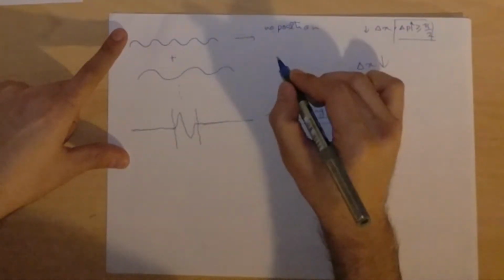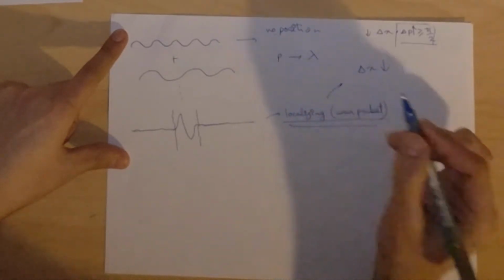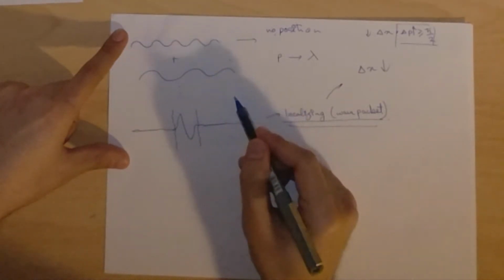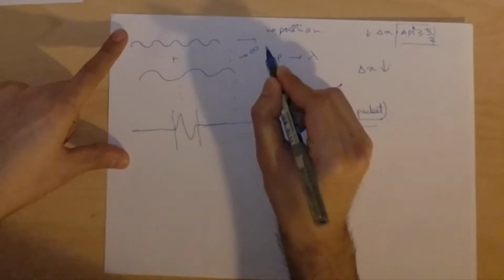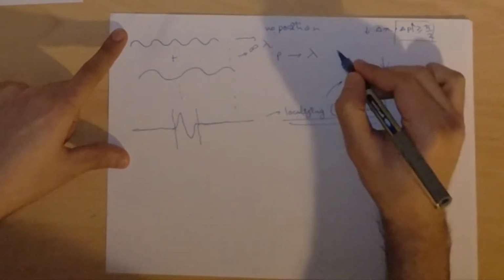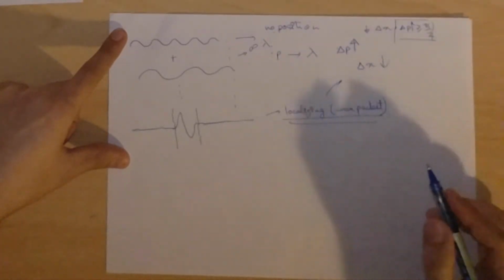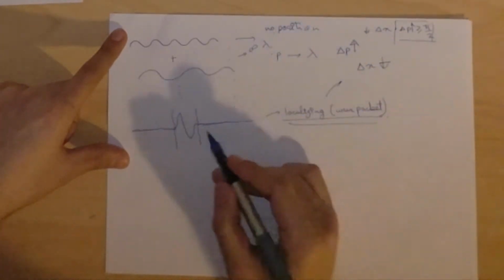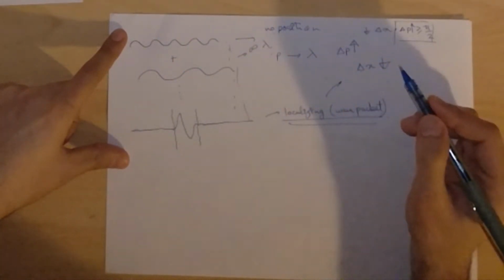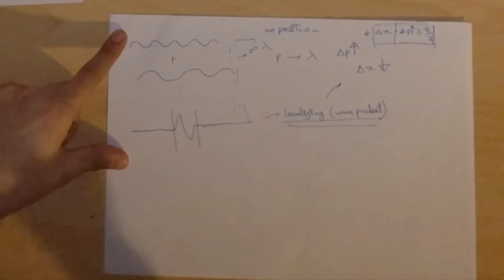That's because momentum can be correlated to wavelength, as we saw from de Broglie's equation, which means that now when you have infinite waves, you have infinite wavelengths, which means your uncertainty in momentum will go way up. So as soon as you start localizing the wave, you have to add up multiple wavelengths together, so your uncertainty in momentum goes up, and this equation makes intuitive sense.